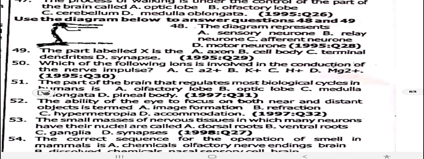impulse. 51. The part of the brain that regulates most biological cycles is the pineal body, option D. It controls the internal biological clock like the cardiac rhythm. Do not forget the pineal body is located close to the pituitary gland.